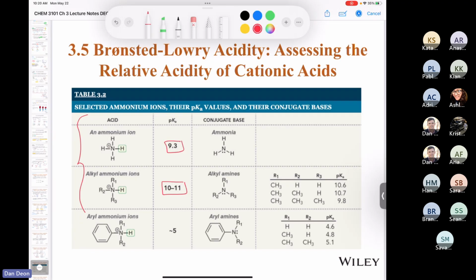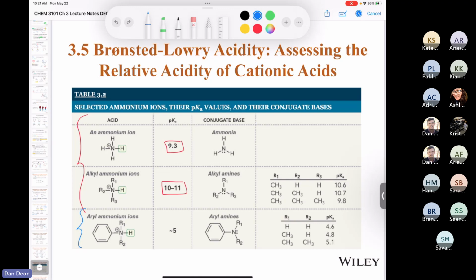So 9 to 11 is always going to get you where you want to go. And if you have an aryl ammonium ion, it's going to have a pKa of around 5-ish, somewhere in that neighborhood. We see that 4.6 to 5.1, well, that's all close enough to 5. And if you back up to the other ones, you see it's 10.7 to 9.8. So again, it's close enough. 9 to 11 is good enough, or 10 to 11, whatever, you're going to get the right answer as long as you remember those two things.